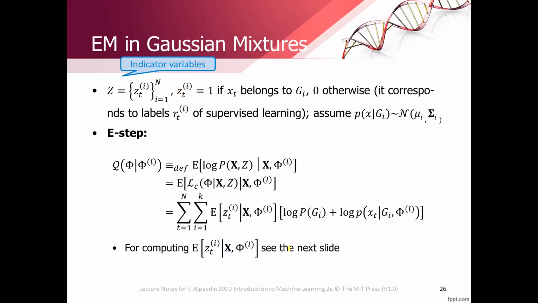Still another slide with many formulas. So the function q is the expected value of the logarithm of the probability that we have our observations x and all the values z, based on the known observations and our current set of parameters, capital phi with superscript I. So this logarithm is the log likelihood, and we can use the formula from the previous slide, and we obtain such a long formula.